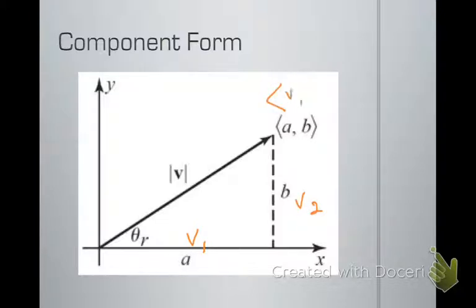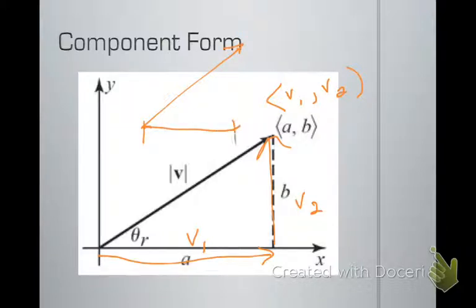The way that we're going to be writing our component form is going to look like this, where V sub 1 is our X direction and V sub 2 is our Y direction. If I was located somewhere else, going up here, then we would need to know this distance by subtracting the x of the initial point from the x of the final point, and we would find this distance by subtracting the y of the initial point from the y of the final point.